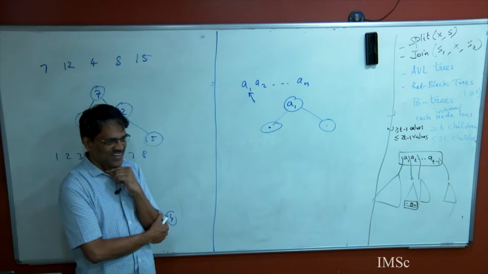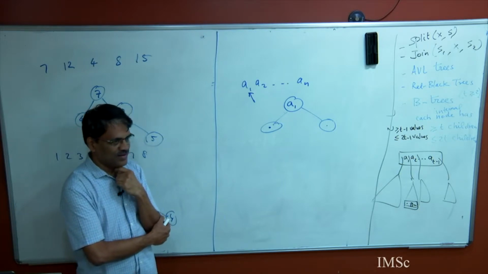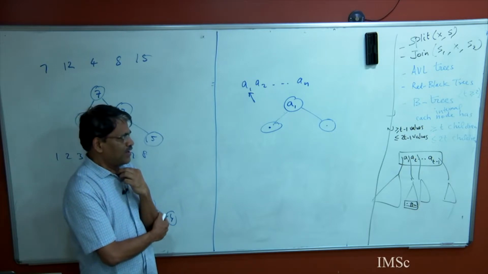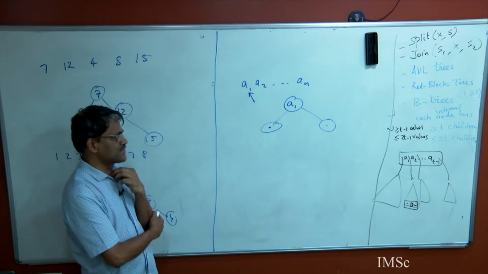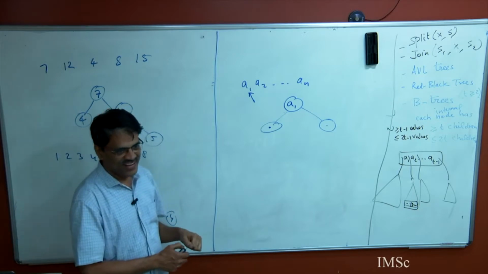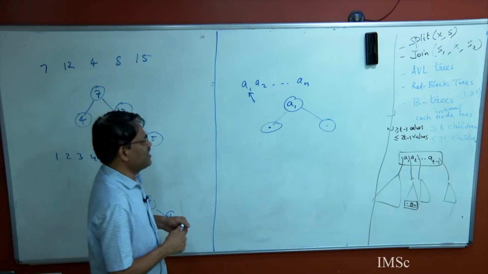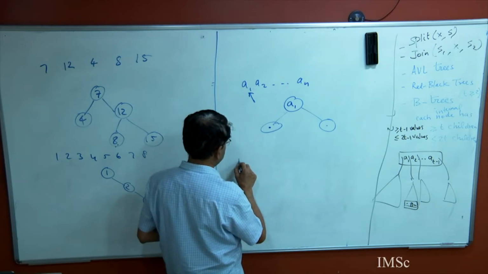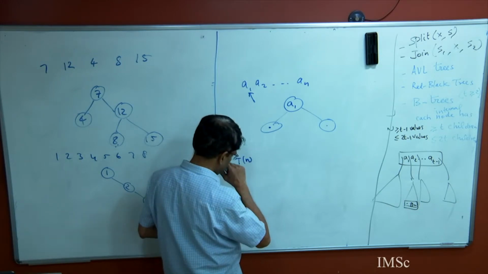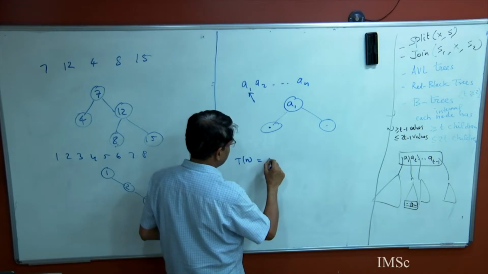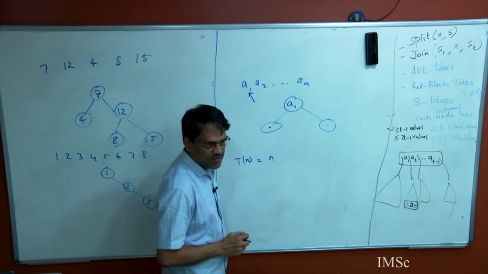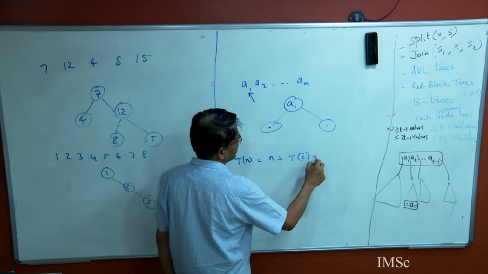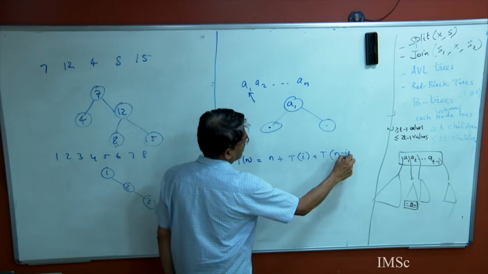It's like a recursive type of recurrence, T of n is equal to... Yes, exactly. In fact, if I want the total number of comparisons, T of n will be something like n, because everybody will be compared with a1, plus T of i plus T of n minus i minus 1.